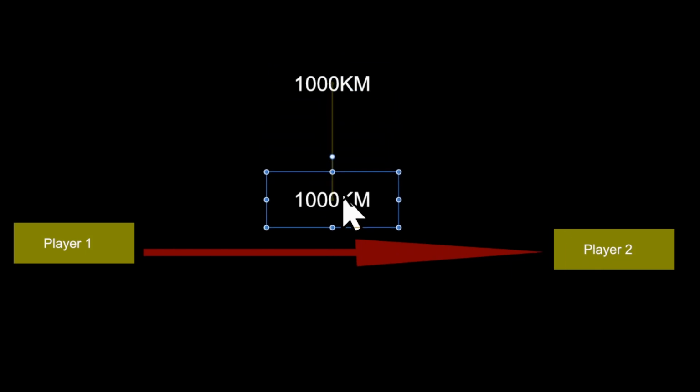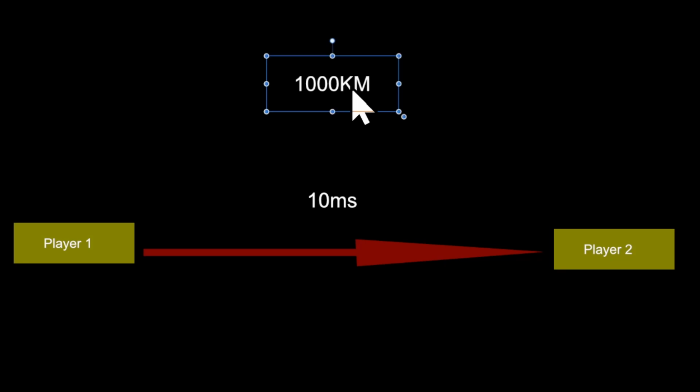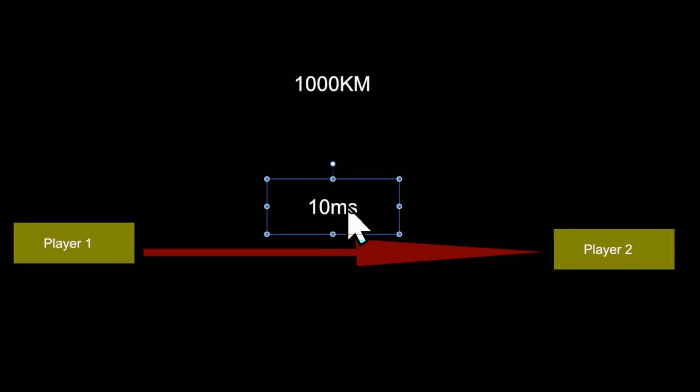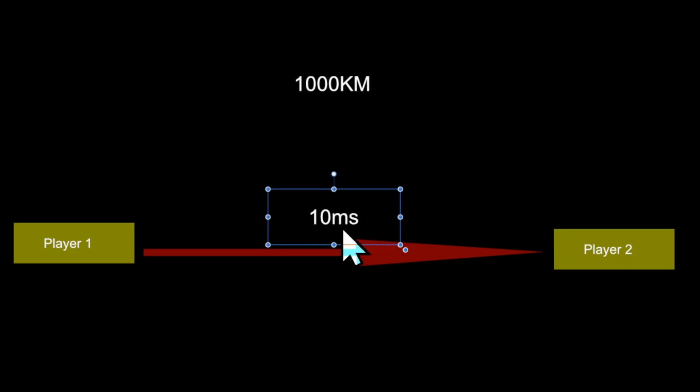And just for argument's sake, let's say that for every 1,000 kilometers, there's only 10 milliseconds of input lag, okay? So at 1,000 kilometers, player 1 and player 2 will have 10 milliseconds in between each other if we use peer-to-peer networking.